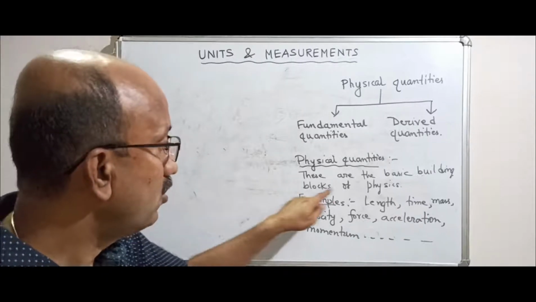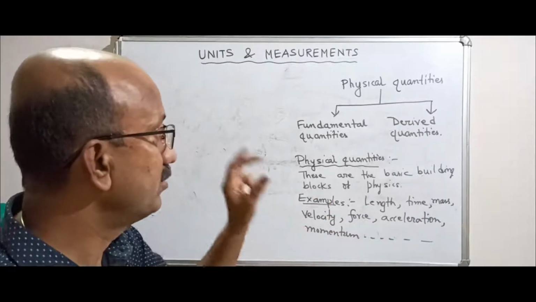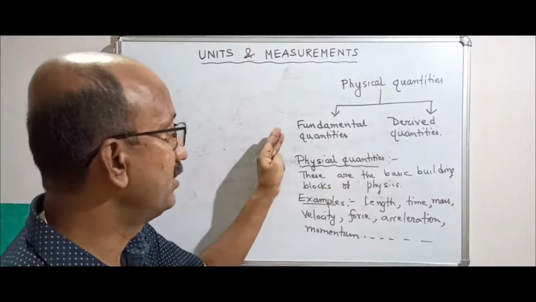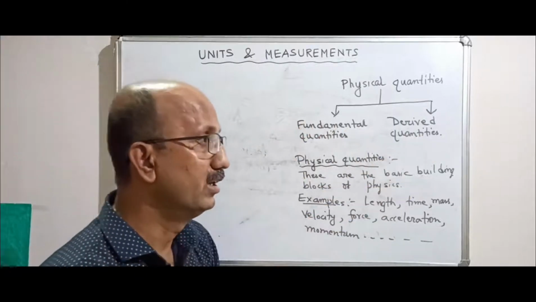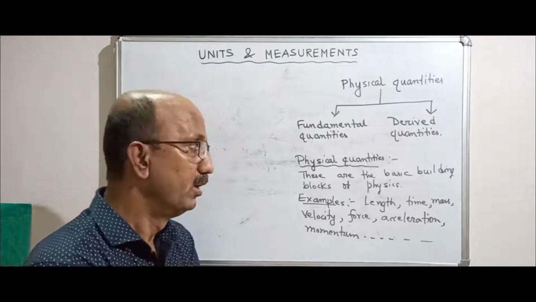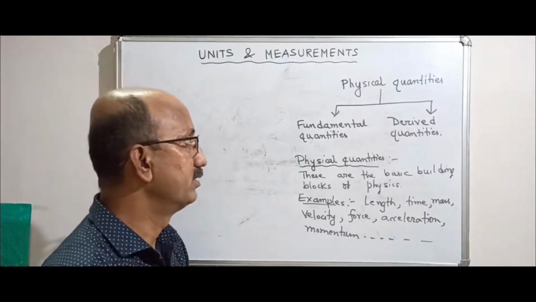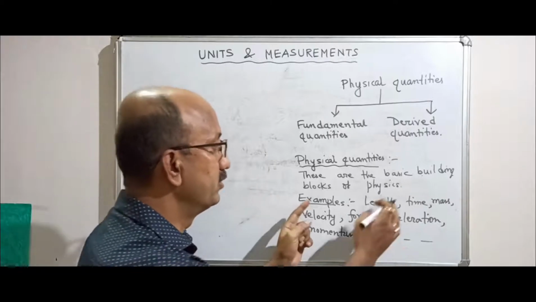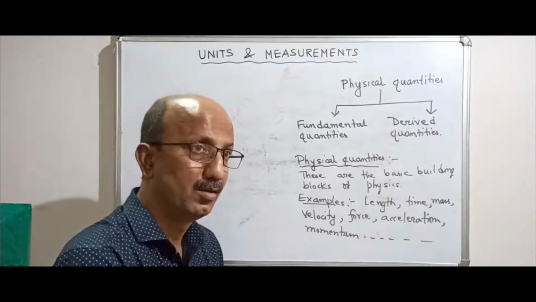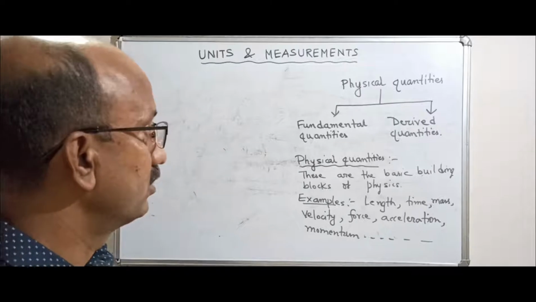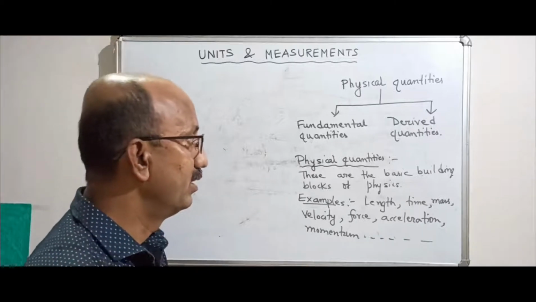But out of all these physical quantities, some quantities are categorized as fundamental quantities, some as derived quantities. Now what are fundamental quantities and what are derived quantities? All are physical quantities, but here we need to understand some are fundamental, some are derived.